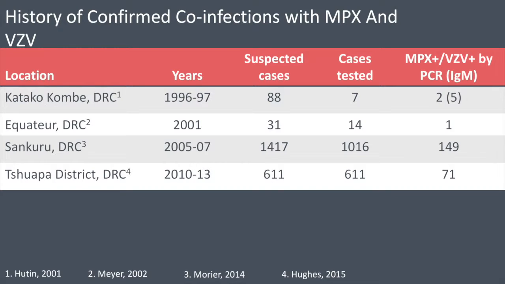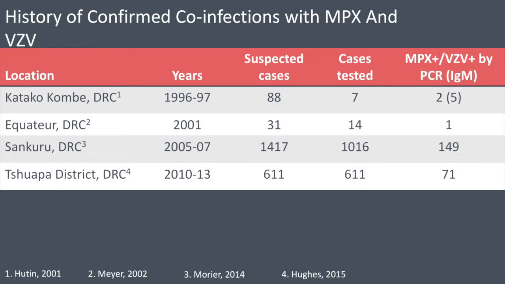2 of these cases tested positive by PCR for both viruses, and 5 tested positive by PCR for monkeypox and IgM antibodies for VZV, which means that they most likely had a recent infection of chickenpox. So you can assume that these were all co-infected cases.